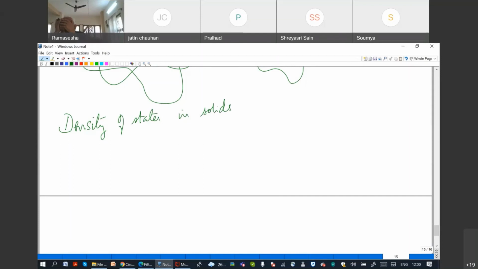Energy band theory. Energy is a function of the k vectors, given by kx, ky, kz. Am I right? No, sir, we haven't done this. Then in that case, giving you an introduction to this will be time consuming.